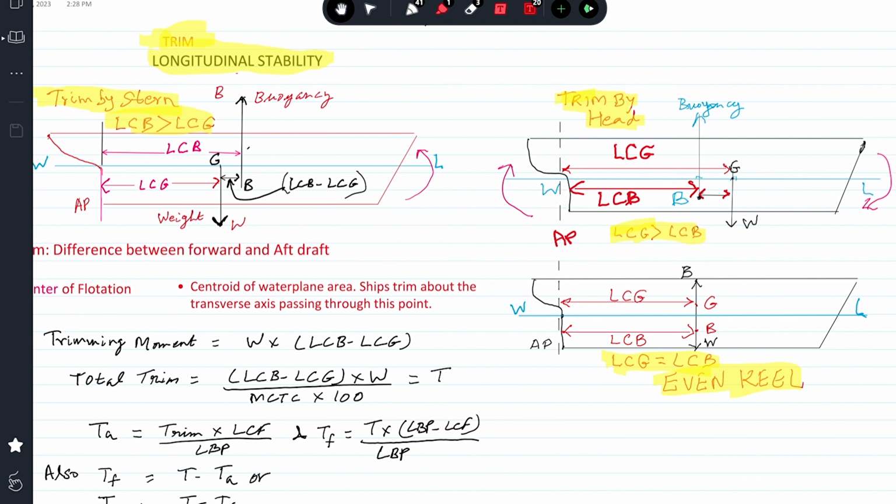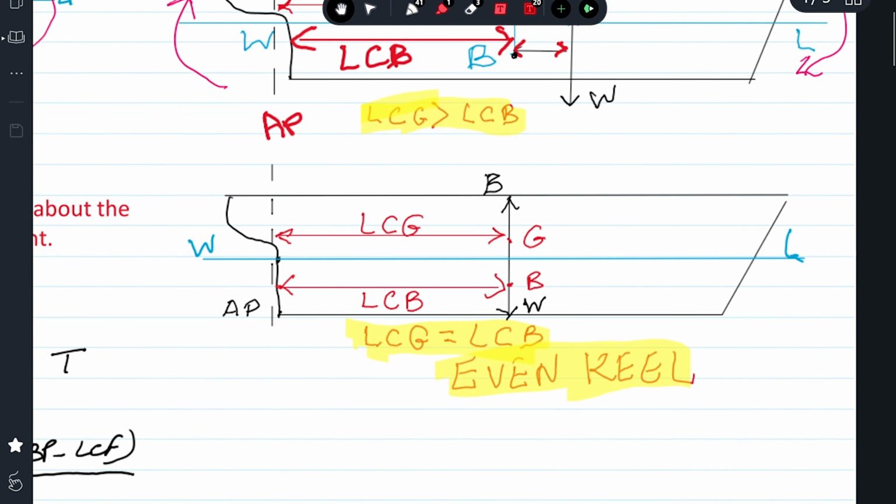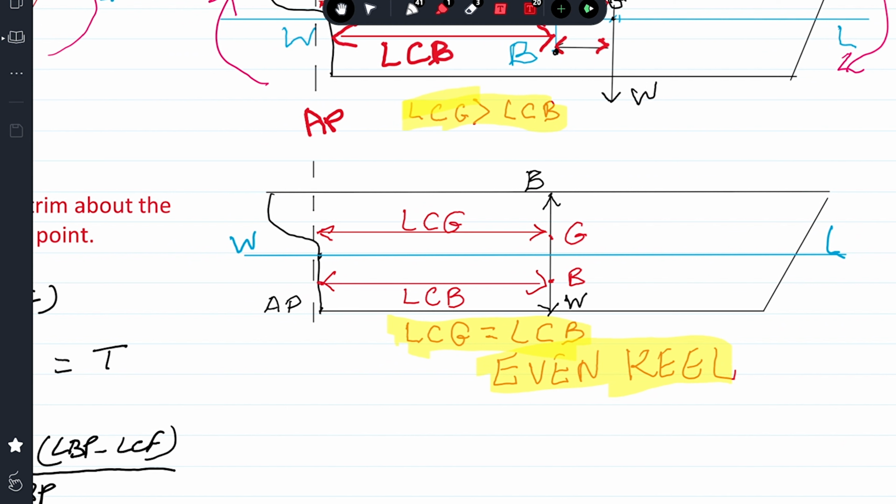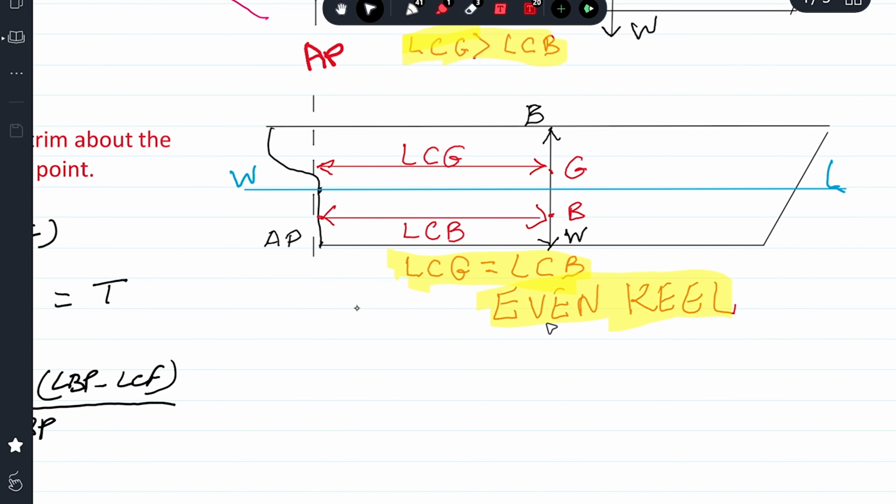So the basic theory, let's see this figure here. You can see a ship on even keel. The ship is on even keel, which means forward and aft drafts at the center of flotation are all equal, same draft everywhere.